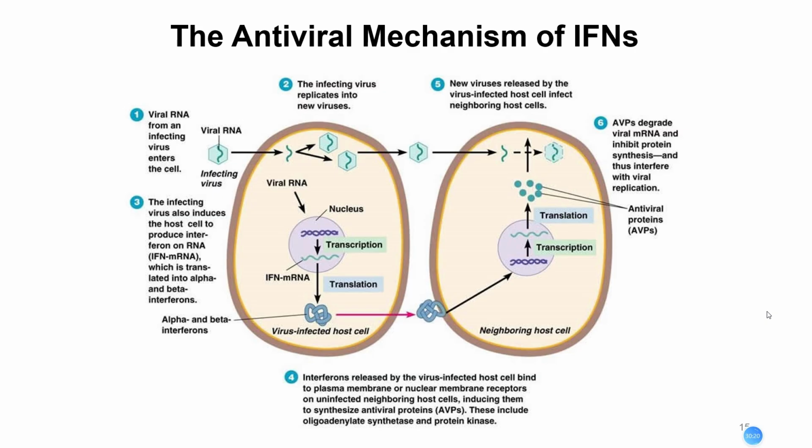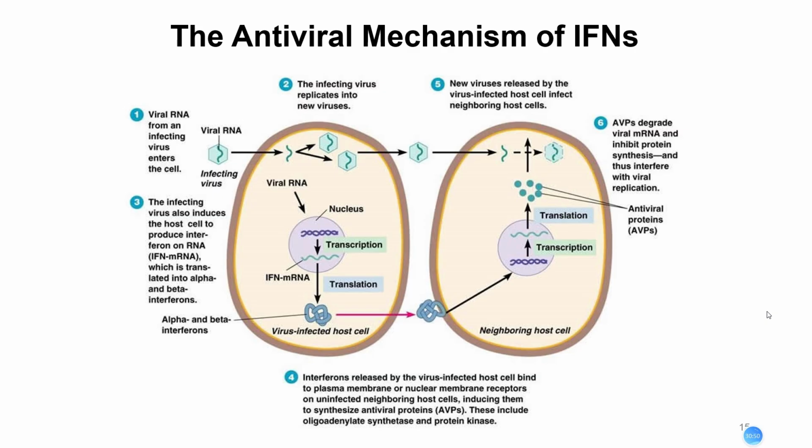Then the interferon protein, the cytokine, binds to its receptor to influence some neighboring host cell. This host cell receives the signal from the interferon molecule, then activates the expression of antiviral proteins, a lot of antiviral proteins.